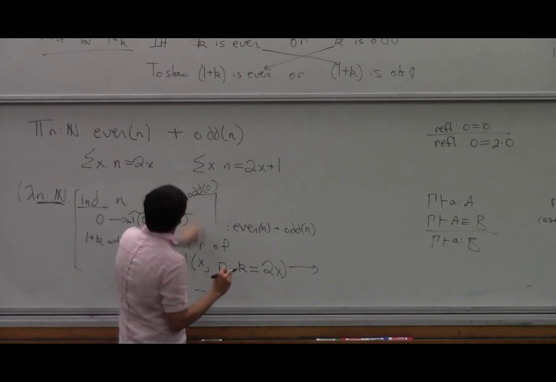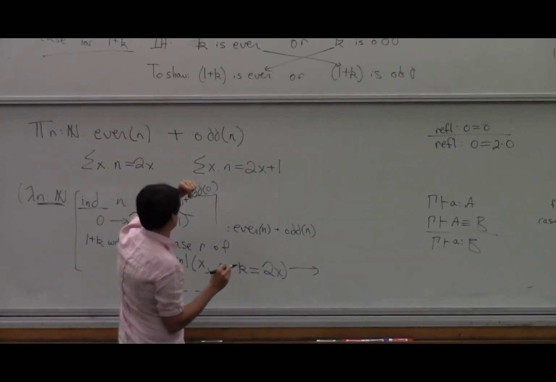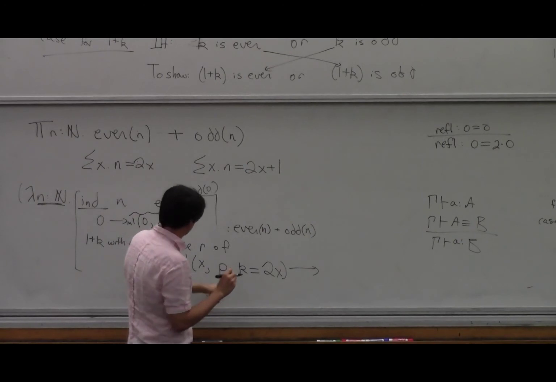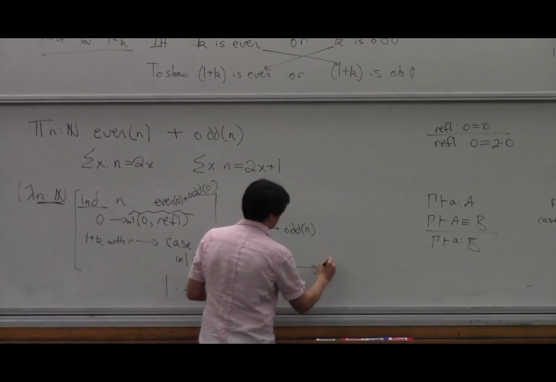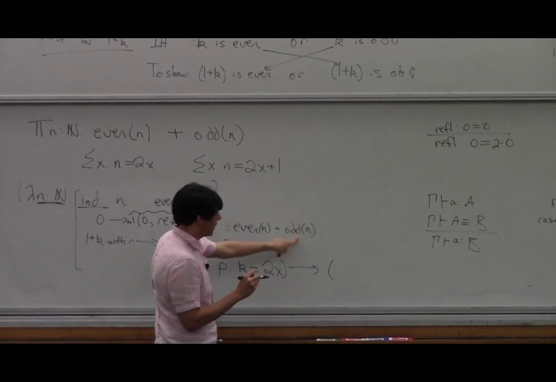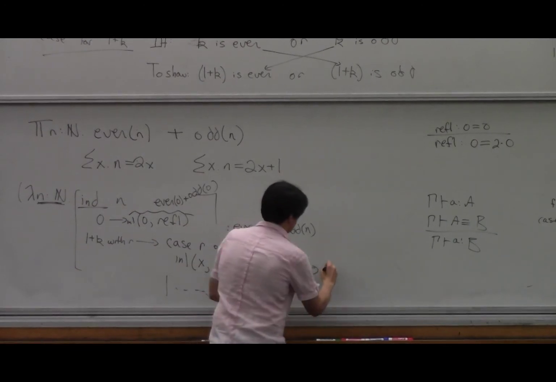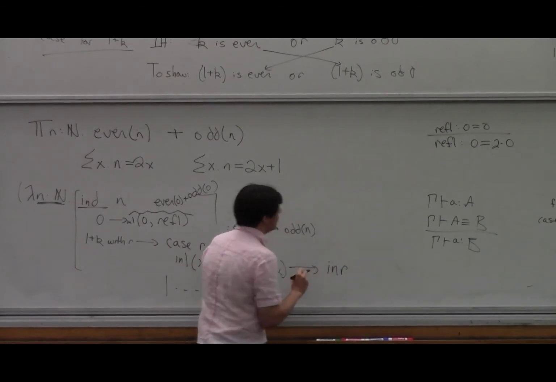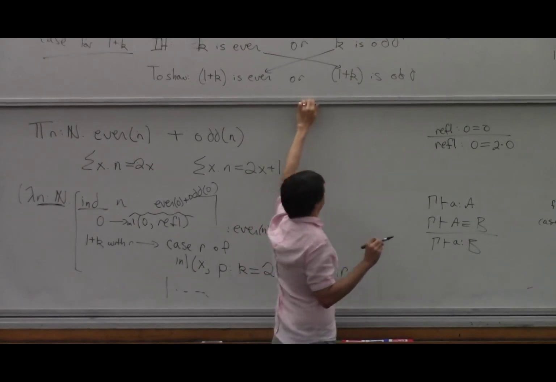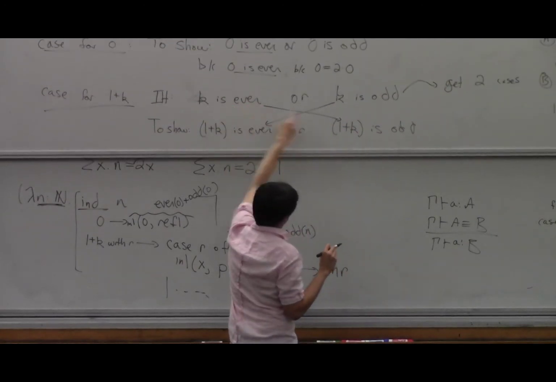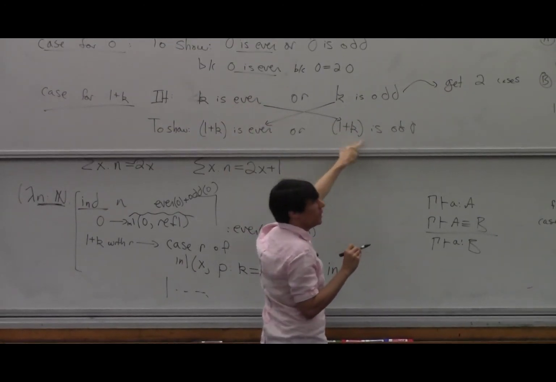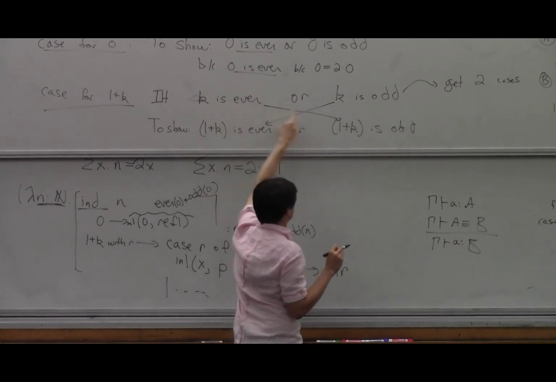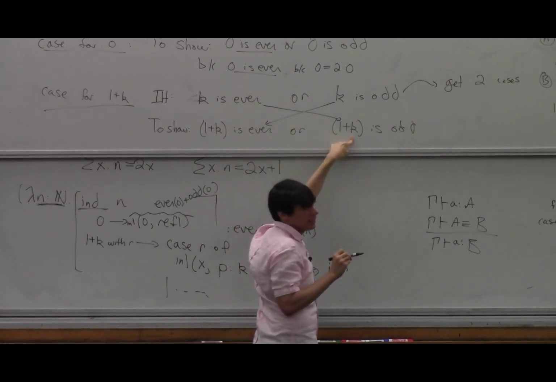And then in the case where k was even, what did we do? We said, I'm going to show that 1 plus k is odd by giving back an inright, right? Because we showed that from k being even, 1 plus k is odd by switching the in left to an inright.